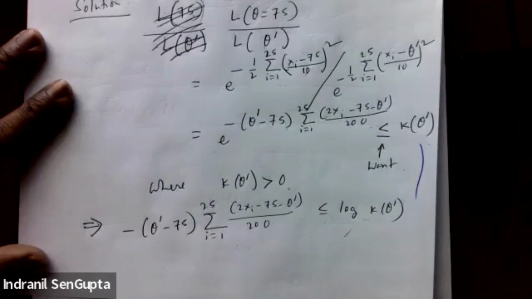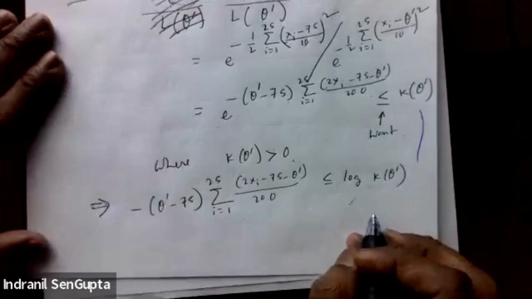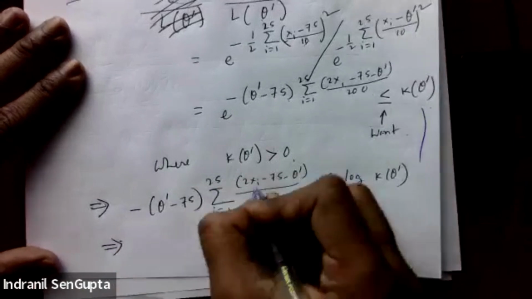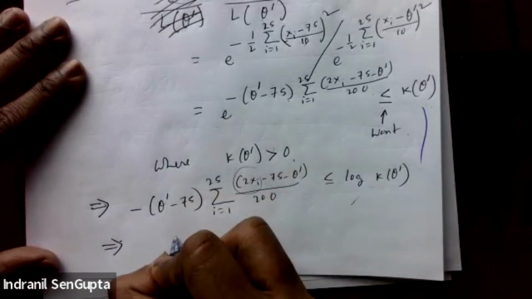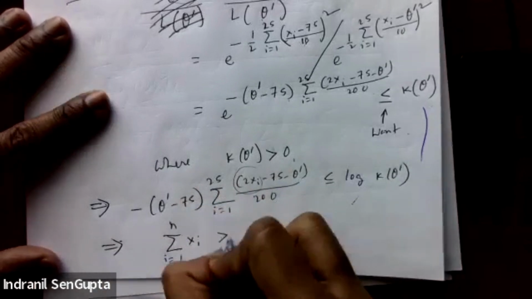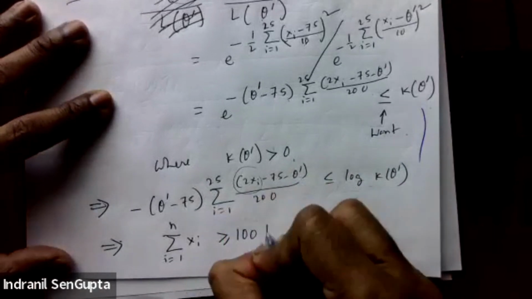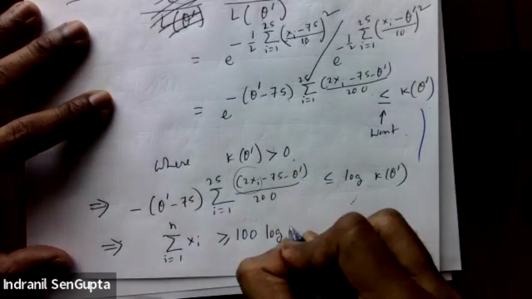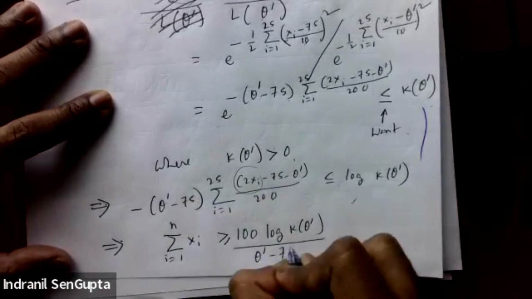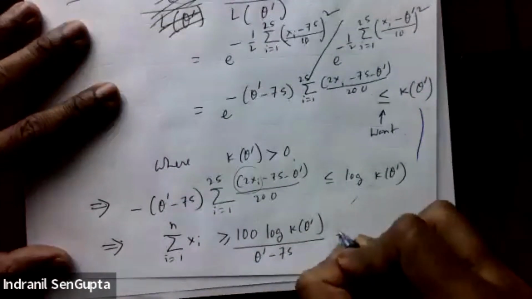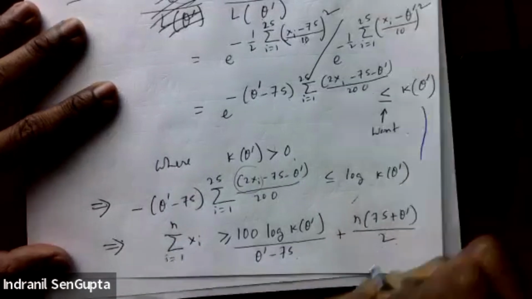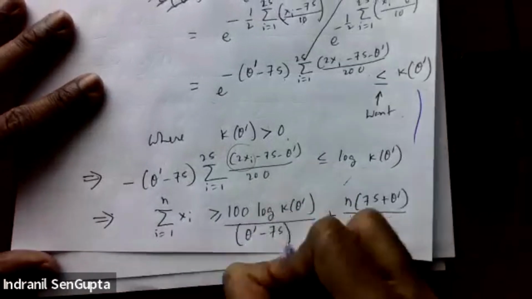Okay. If you simplify this whole thing, I'll skip the calculation, you should be getting this: 2x, so summation xi, i from 1 to n, is bigger than 100 log of k theta prime over theta prime minus 75 plus n of 75 plus theta prime over 2.